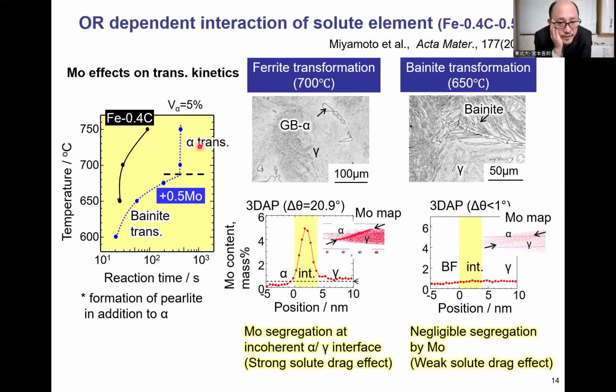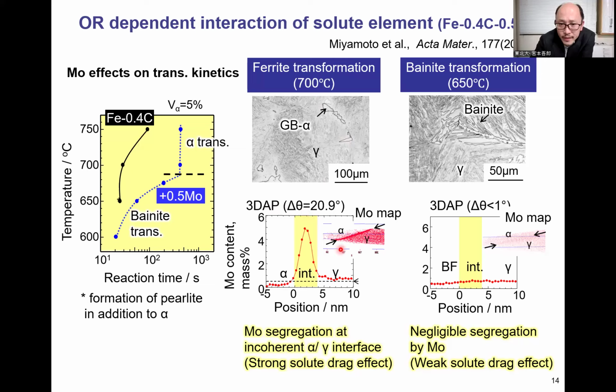And in order to clarify the reason for this retardation, the molybdenum distribution at the interface is analyzed using 3DAP, three-dimensional atom probe. In this case, at transformation at 700 degrees, grain boundary ferrite forms, and this interface is a non-KS interface.